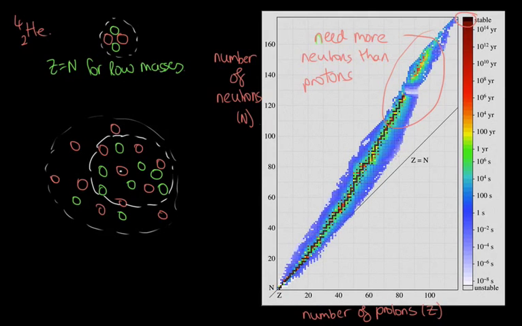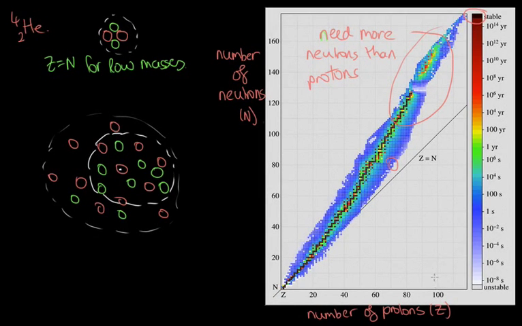And then the unstable ones are these blue ones. They have a very short half-life. If you manage to construct an isotope with this nucleus here, it's only going to stay together for a matter of seconds, and then it's going to decay, so it's not very stable.